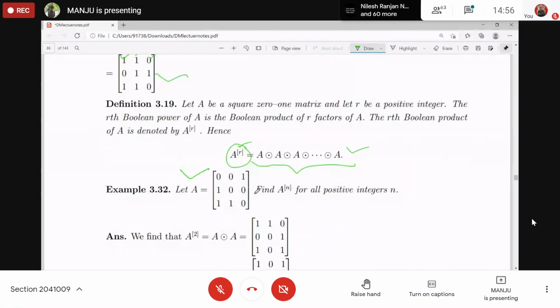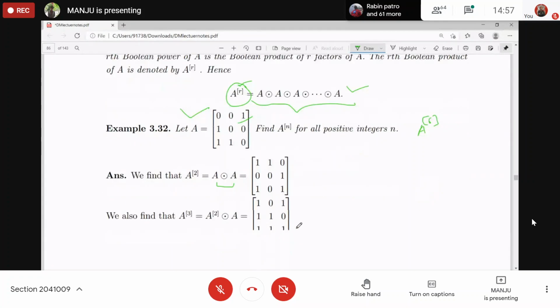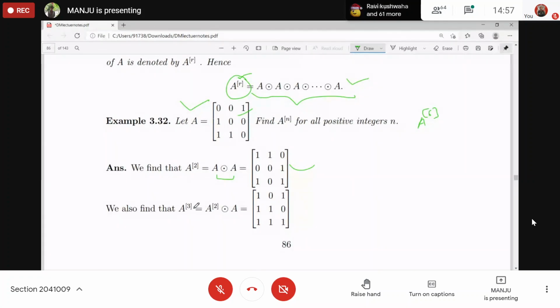So for this matrix, can you find up to A6? You take the second Boolean power, which is A Boolean product with A, a 0-1 matrix with itself. You get this result. Then the cube will be A square into A. Try to operate all the Boolean operations and get this value.